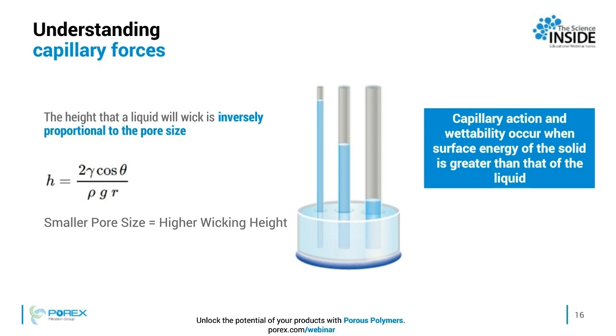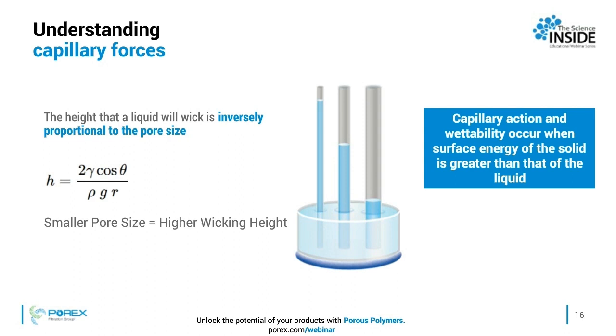Capillary action and inherent wettability in general occur when the surface energy of the solid is greater than that of the liquid, which means the adhesion of the liquid to the walls is greater than the cohesive forces between the liquid molecules. The height that a liquid will travel depends on surface energy, contact angle, the density and viscosity of the liquid, and finally the radius of the tube that you can see here in the image.